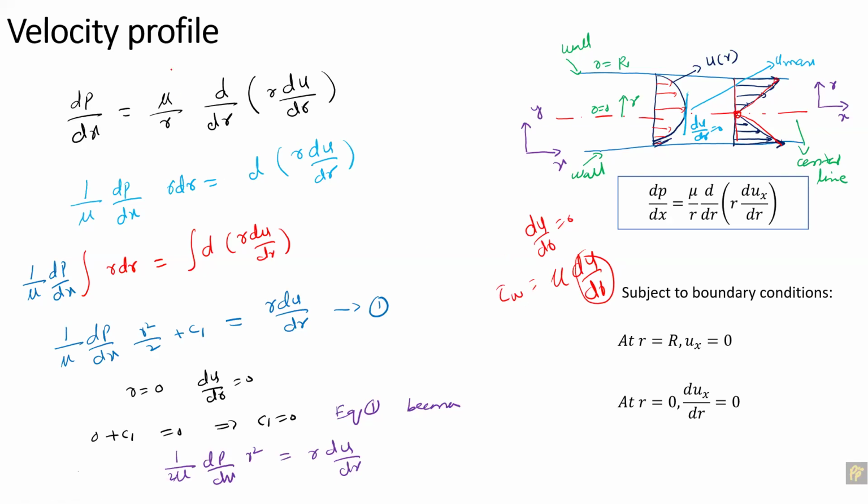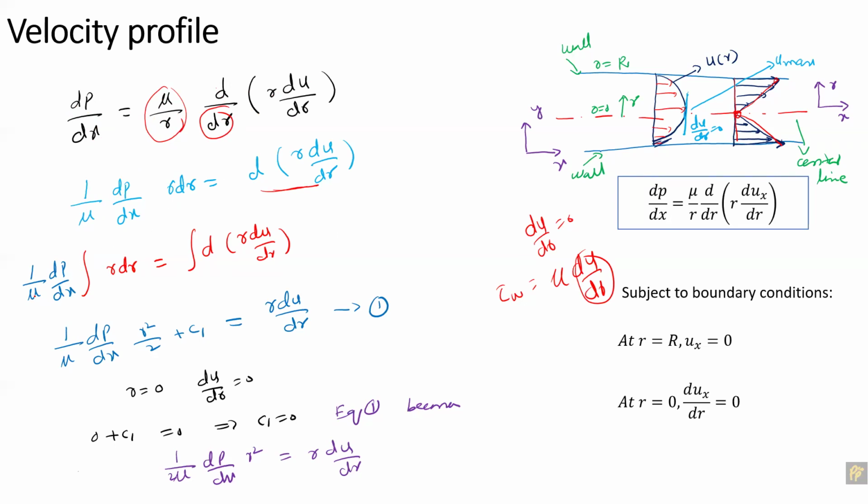So from here you can simplify and rearrange the equation. You can write this as 1 upon mu dp by dx, with dr on the top. So this is r dr on this side, and d of r du by dr on this side. Okay, so we've taken the mu and r dr on this side. So now you can put the integration sign.